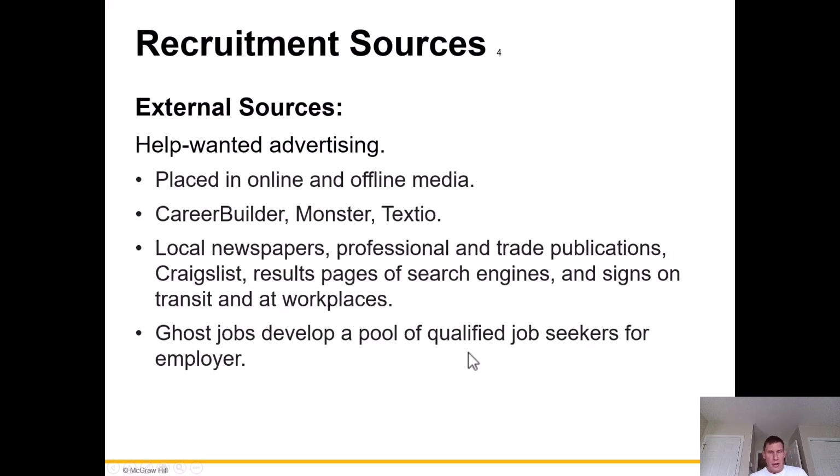Help wanted ads, probably not common anymore, but some people still use those. I mentioned Monster, Career Builder, Textio, there's a whole range of different ones. They might use local newspapers and trade publications. Craigslist had and probably still has a section for jobs. So Ghost Jobs develop a pool of qualified job seekers for the employer.